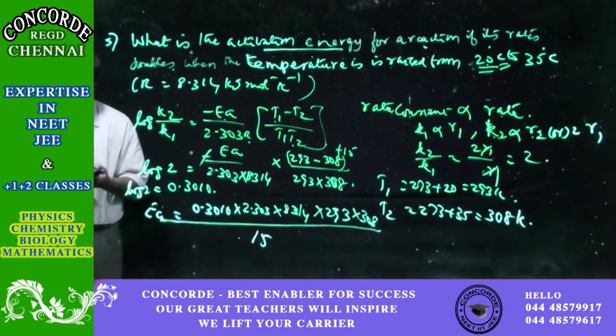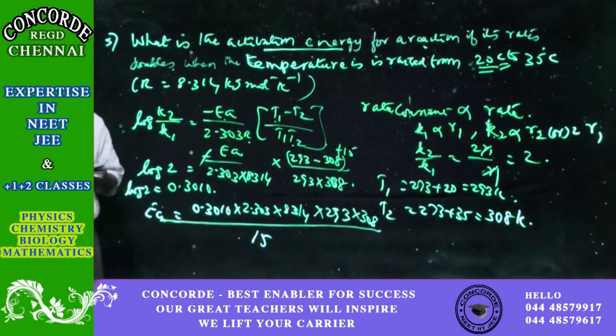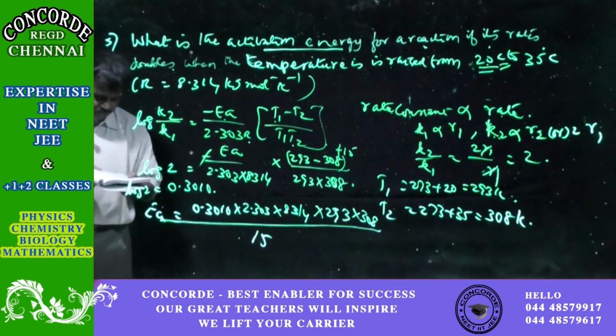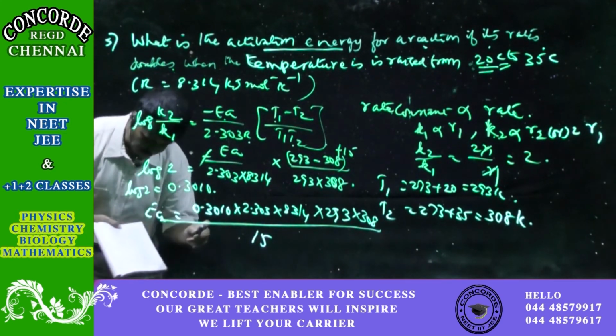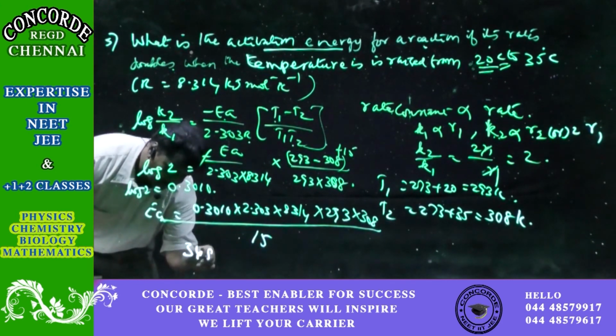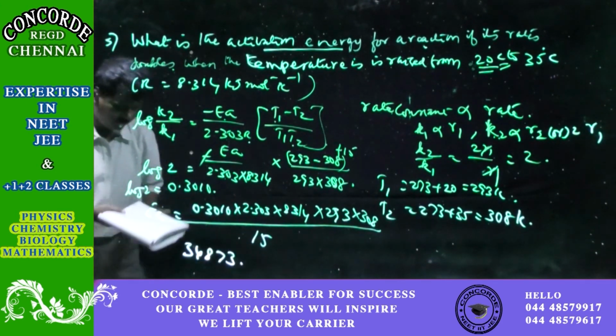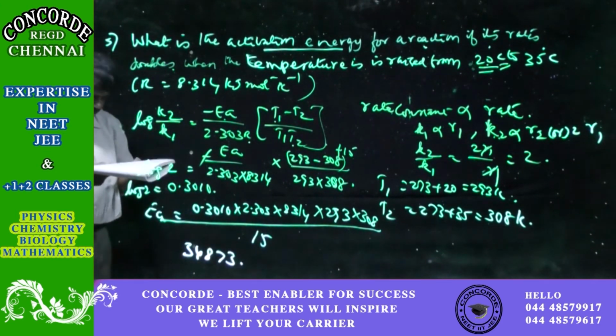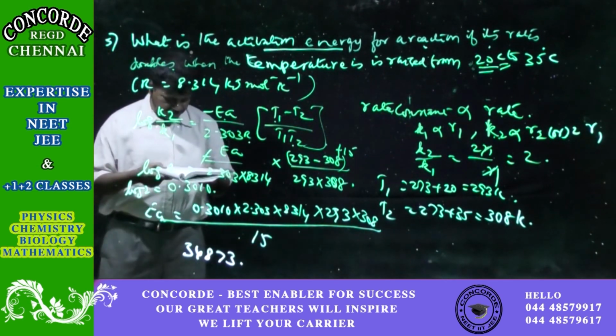Among the available choices, the right choice will be almost 34.7. This will come to almost 34873, or around 34673 joules per mole.